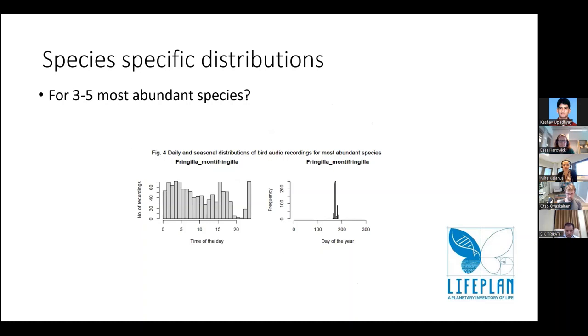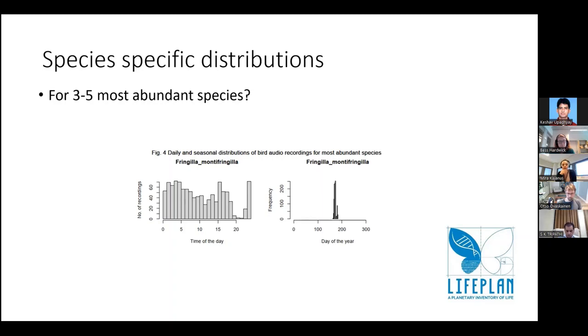Then we could present, for example, 3 to 5 most abundant species in your site, and we could give those species the same kind of distributions for the recordings, but species specifically now. So on the left figure, you can see how, for example, this brambling has been observed, how it divides by the time of day.